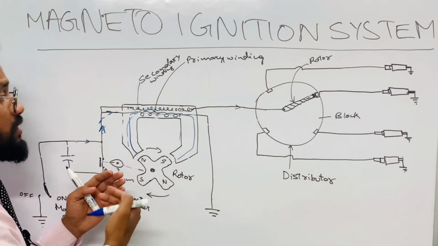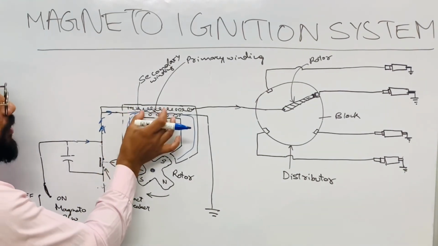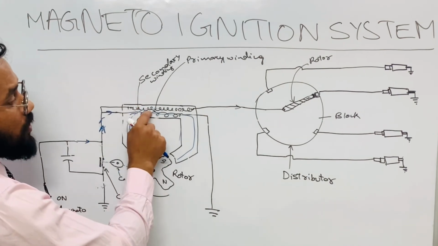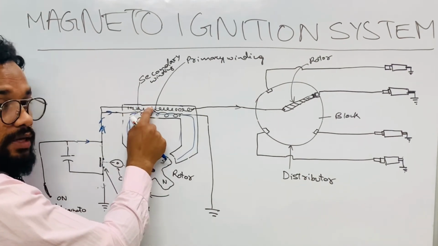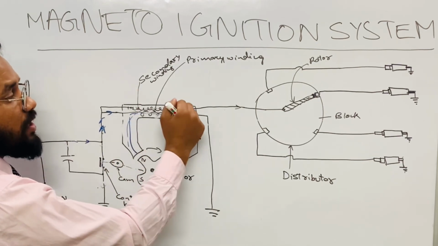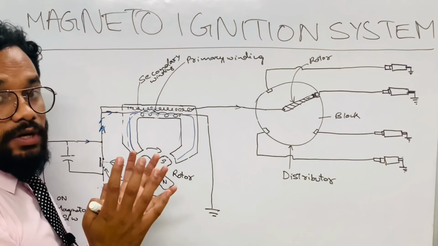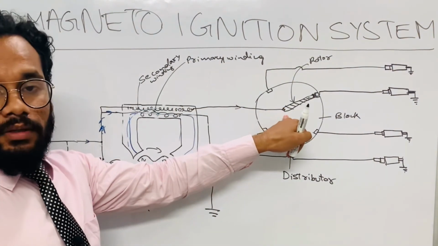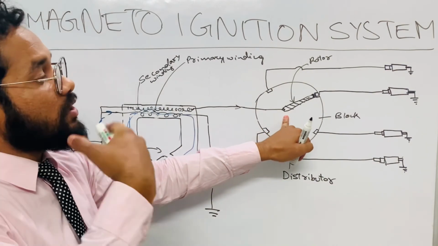So when this happens, the flux of the primary will also collapse at a faster rate about the secondary winding. And when this collapsing of the primary flux happens about the secondary winding, it will produce a very high voltage spike, and that will be given to the distributor, okay, for producing the spark.